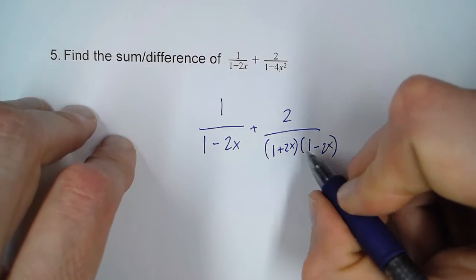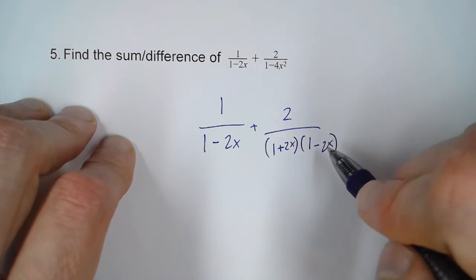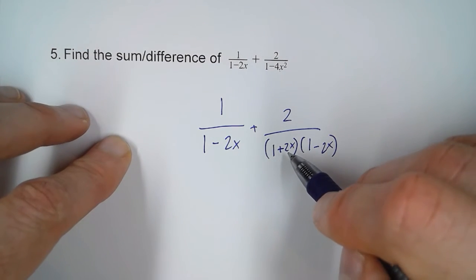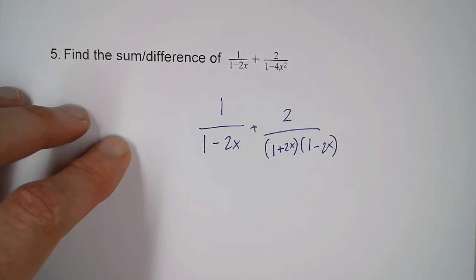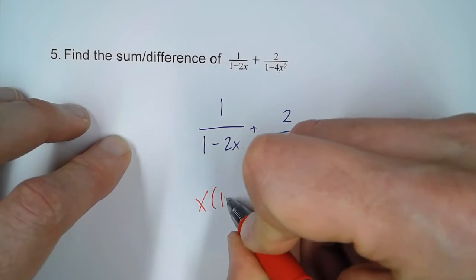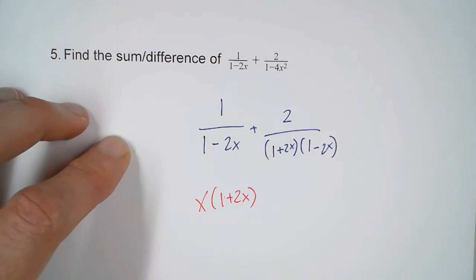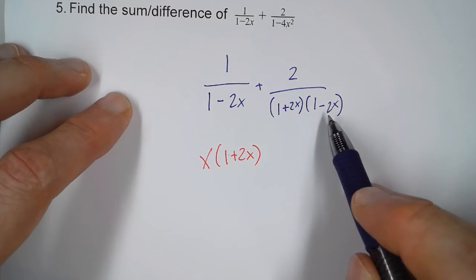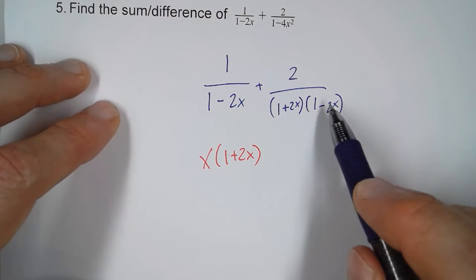Now we can see that both denominators have a 1 minus 2x factor, but this has a 1 plus 2x factor that this doesn't. So that means we have to take this fraction and multiply top and bottom by 1 plus 2x. When we have multiple algebraic factors, leave them in factored form. Do not expand them out.